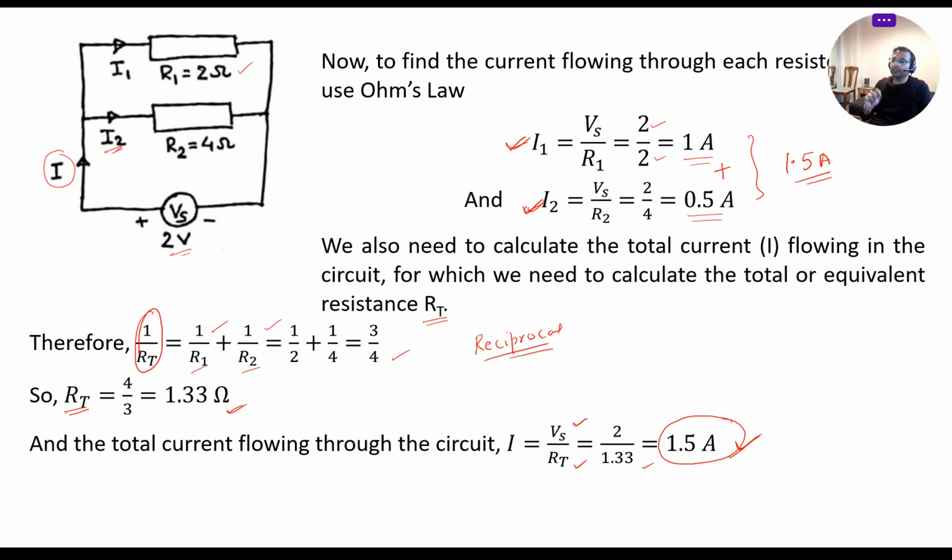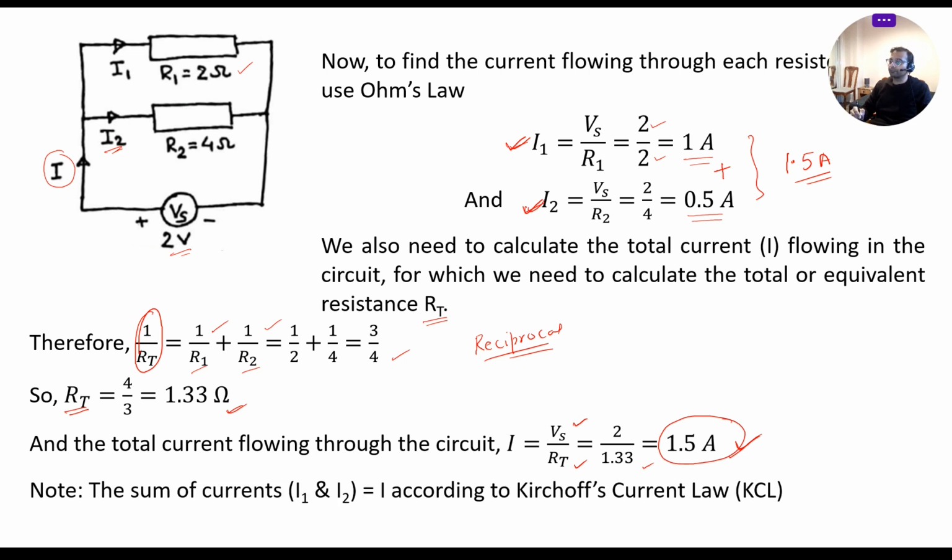So the current flowing through each of the resistors connected in parallel is equal to your supply voltage. And that is the concept of your KCL or Kirchhoff current law. The sum of currents flowing through each resistor is equal to your supply current.